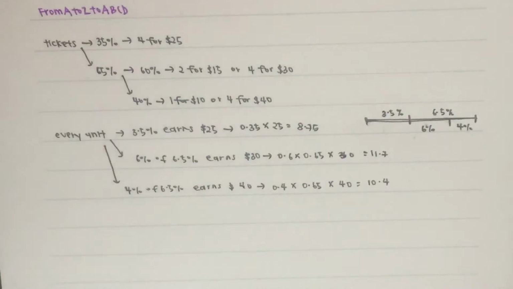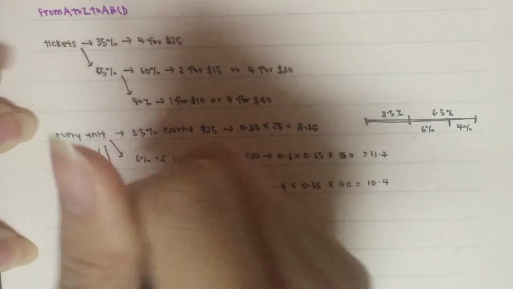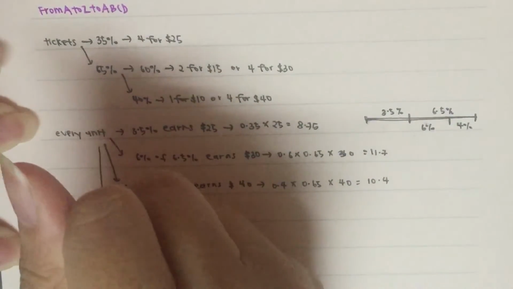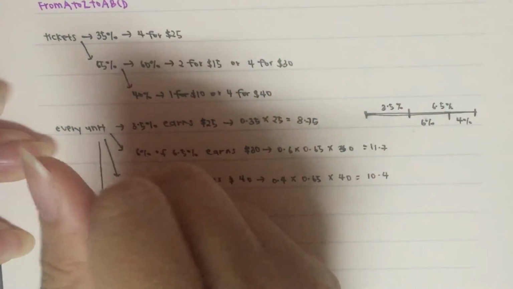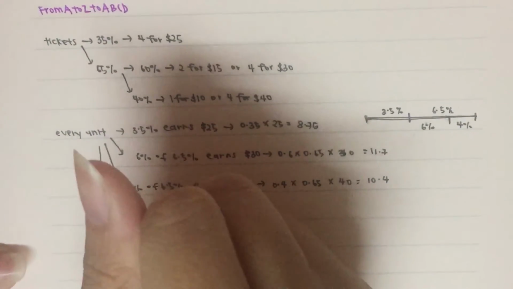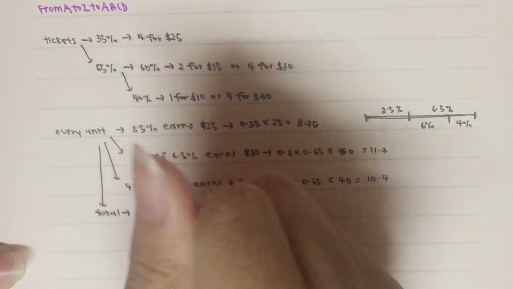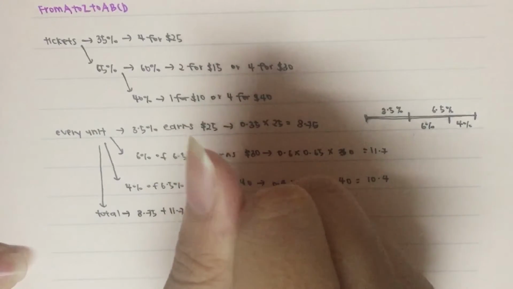Okay, so after that, we calculate the total, which will be equal to 8.75 plus 11.7 plus 10.4, which is 30.85.